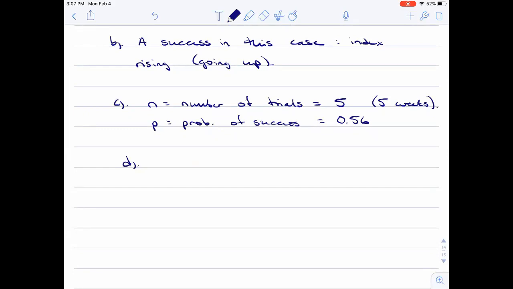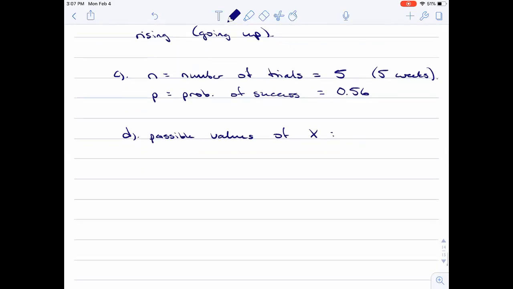D, what are the possible values of X in the next 5 weeks? It could go up 5 of the weeks, 4 of the weeks, 3 of the weeks, 2 of the weeks, 1 of those weeks, or even 0 of those weeks, right?